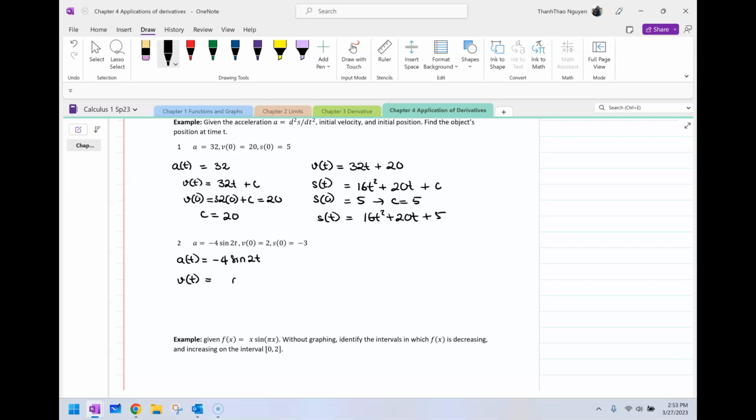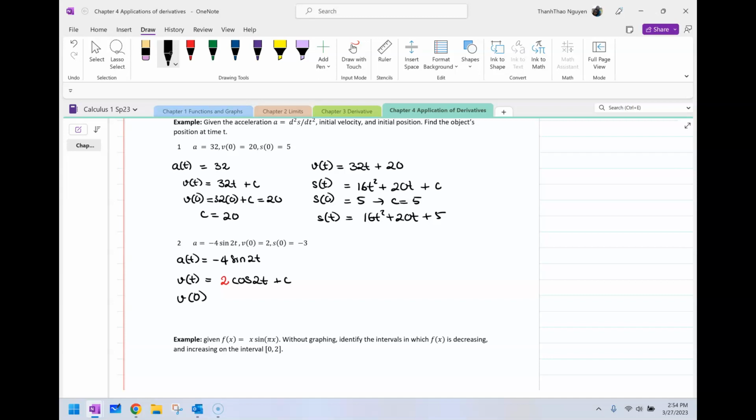So this is cosine of 2t. Okay, and it looks like we have a composite here, so let's put a 2. Let's double check. v prime of t equals negative sine 2t, and the derivative of 2t makes 2, and we have a 2 out front, that's another 2, so that compensates for the 4. Alright, so here we have v of t equals 2 cosine of 2t plus c.